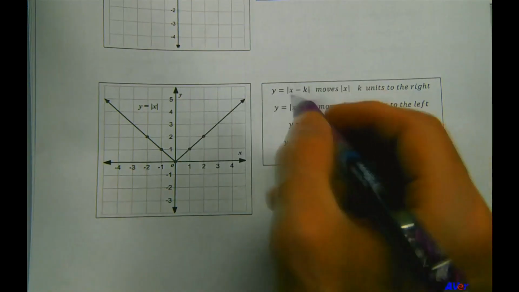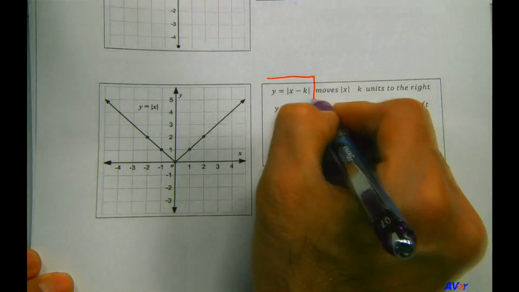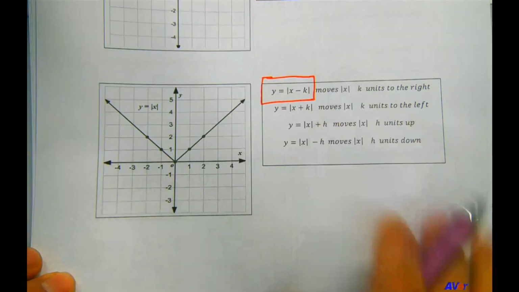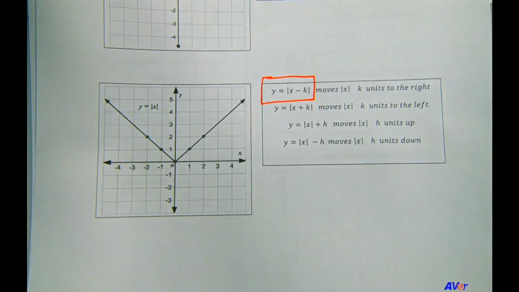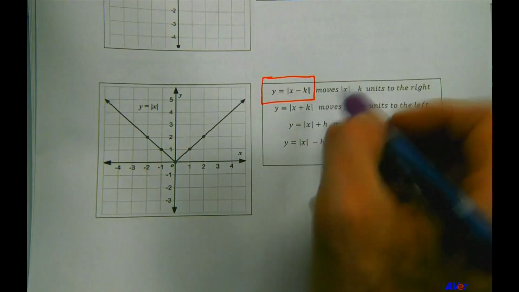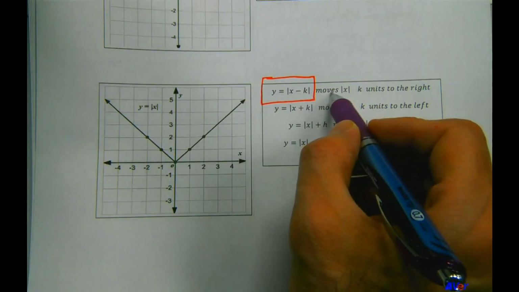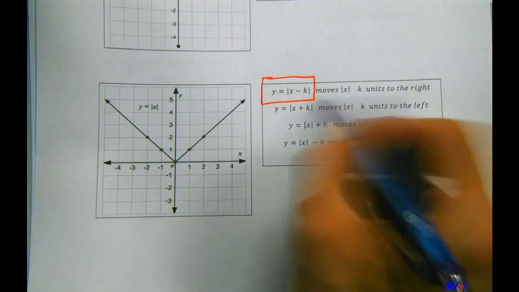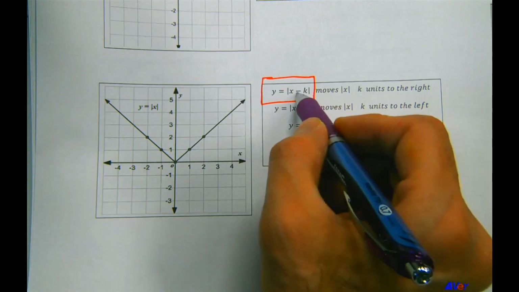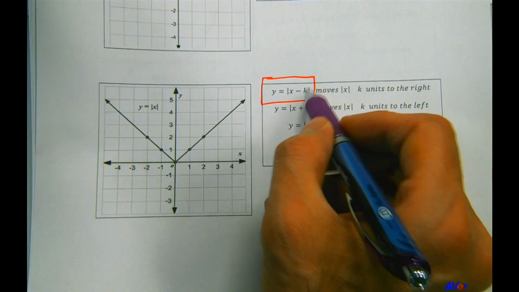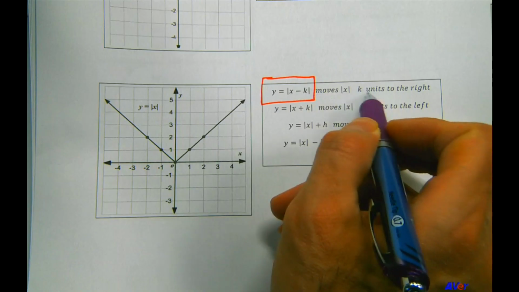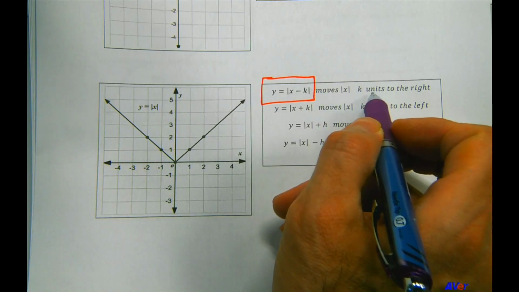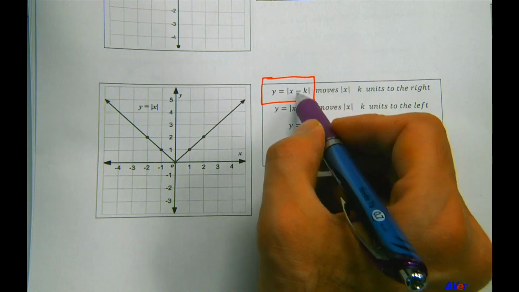For example, in this case, we have y equals absolute value of x minus k as the main general function for the absolute value function. So if k is positive, this function moves the absolute value function of x k units to the right. Notice that it stays minus k because k is positive, so movement is horizontal to the right. If k is positive, this algebraic sign stays negative.